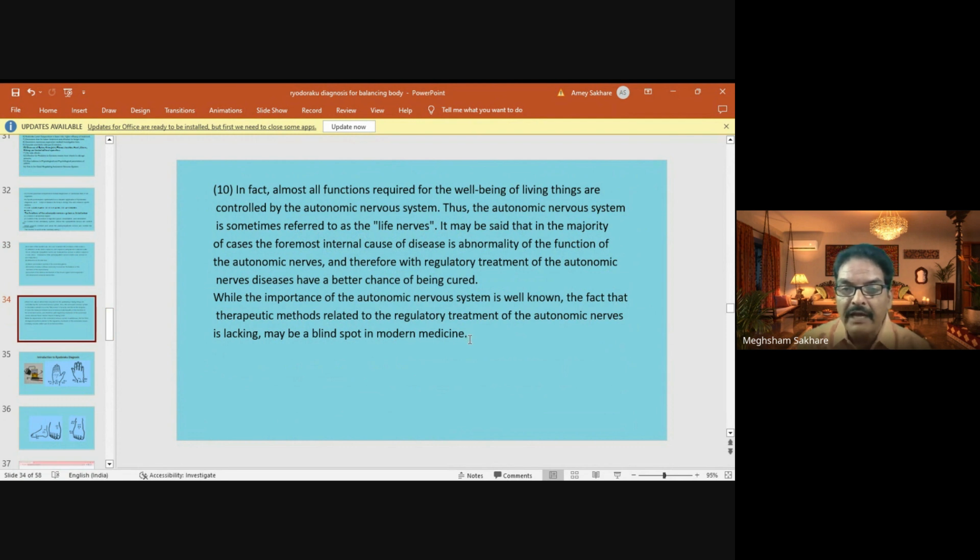In a simple way, the autonomic nervous system regulates what we cannot control: liver, kidney, heart, all organs of the organism. So we can control them by stimulating the supply nerve to that organ.